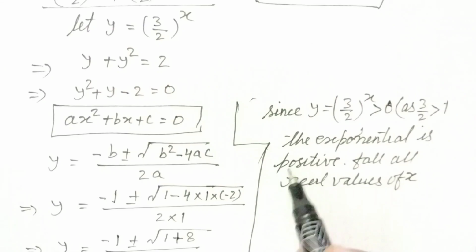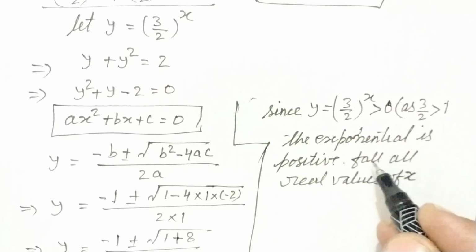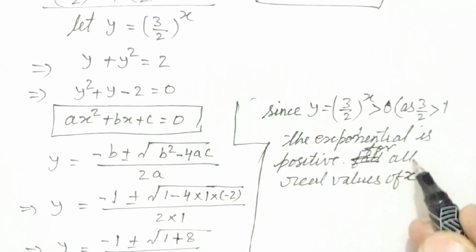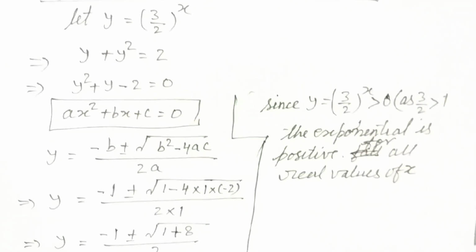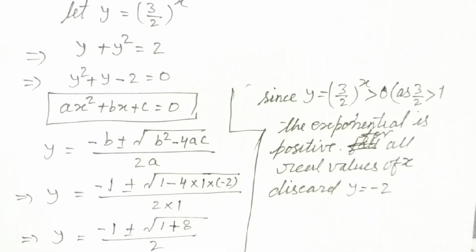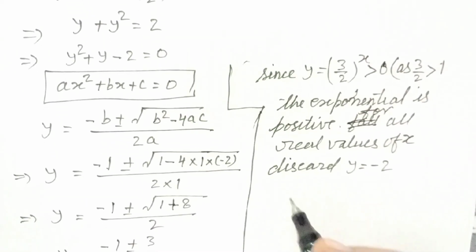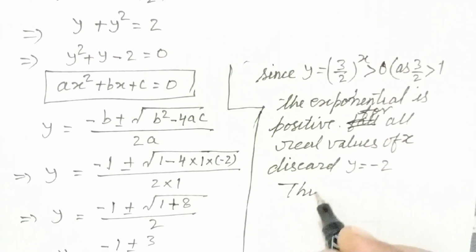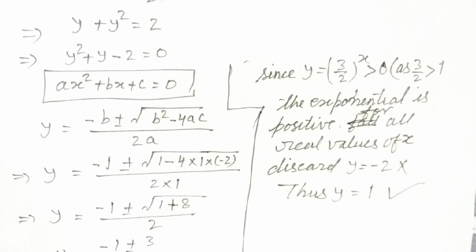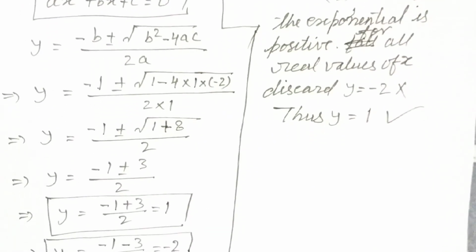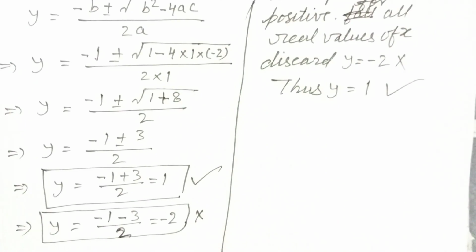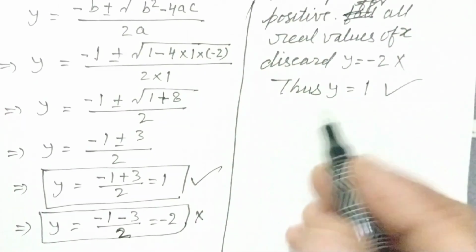The exponential is positive for all real values of x, right? So we discard y is equal to minus 2, right? And we will accept y is equal to 1, right? So we will accept this value and this will be discarded, right?